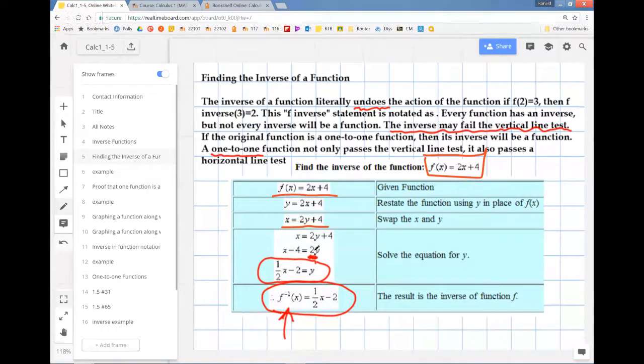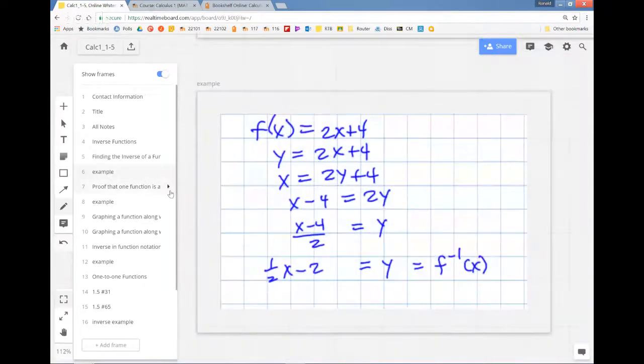We subtract 4 from both sides, and then divide both sides by 2, and we come up with 1/2 x minus 2. That is the inverse of the function f.